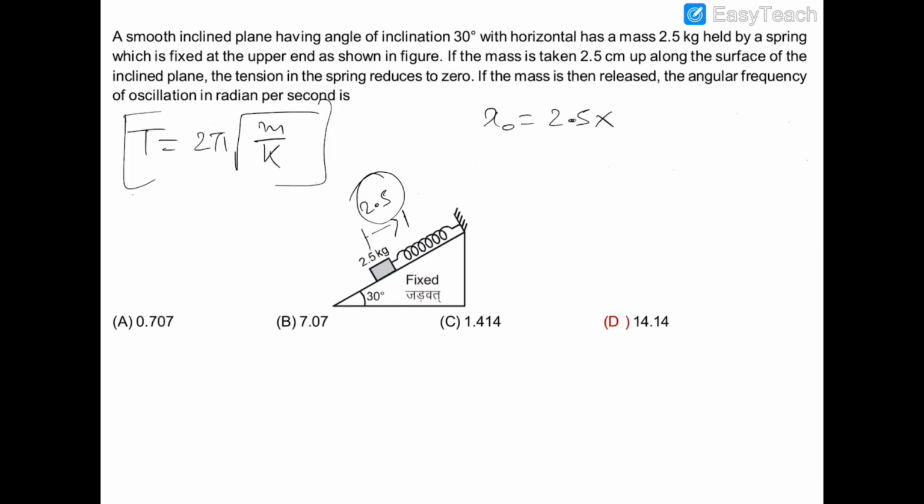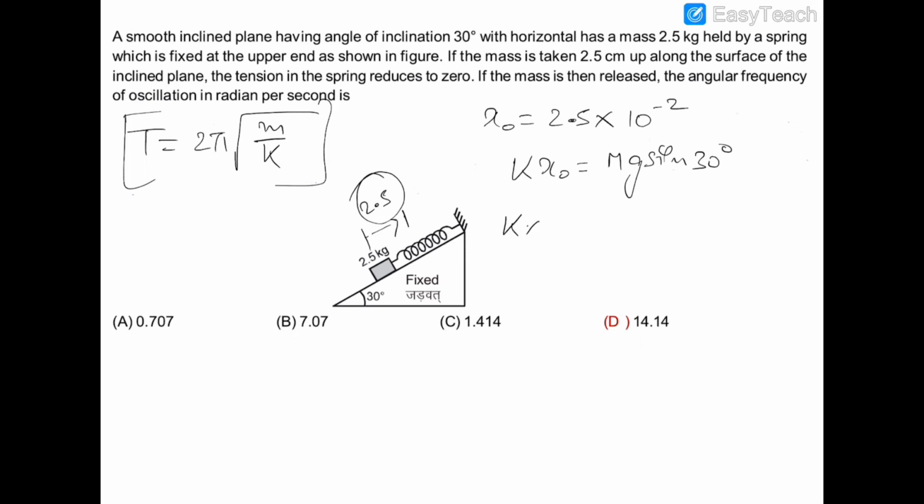If we convert this x naught into meters, then it would be 10 raised to power minus 2 into 2.5. Now we know that k x naught is balancing mg sine 30 in the equilibrium scenario.